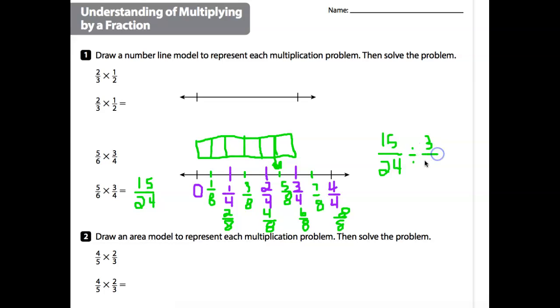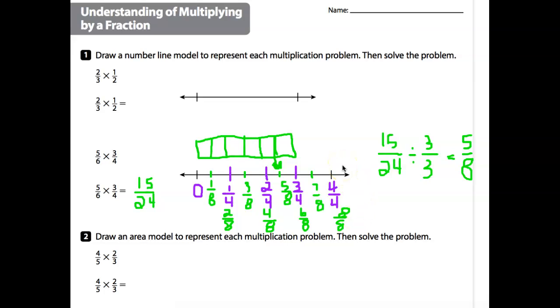So we're going to divide 15/24ths by 3/3. 15 divided by 3 is 5. 24 divided by 3 is 8. There we go, 5/8. So you see, we got the same thing as what we modeled. All right, great.